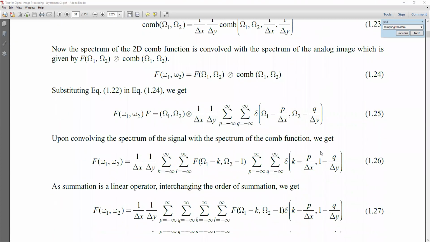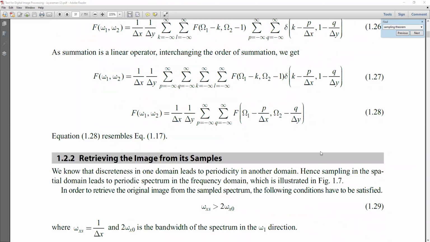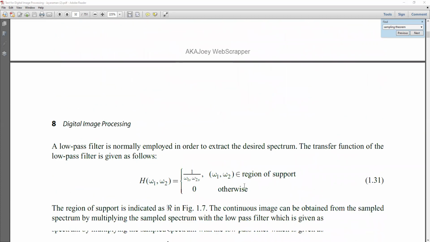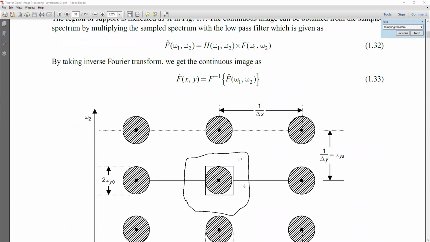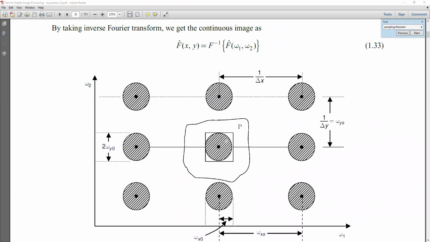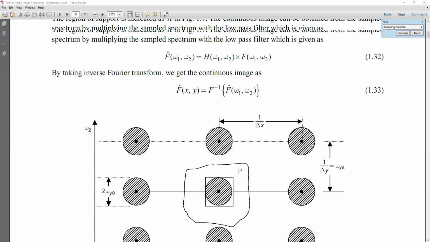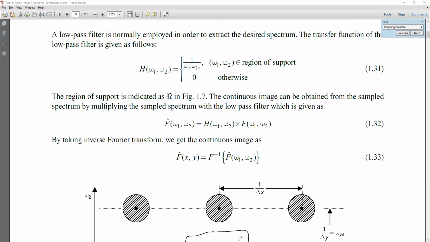And we have seen in detail the diagrammatic representations also. How the bandwidth would be. This is omega Sx. This will be the 2 omega x0 will be the bandwidth. And Nyquist criterion should be satisfied.